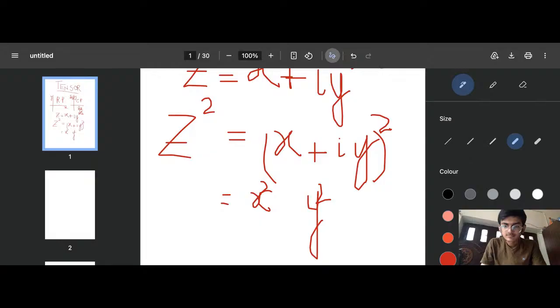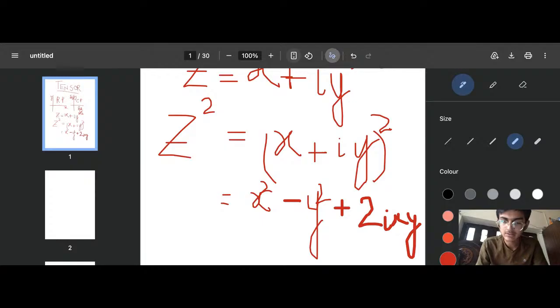Here it will be minus, and here we'll have 2 iota xy. This is the basic introduction of considering the two planes, the real plane and the complex plane.